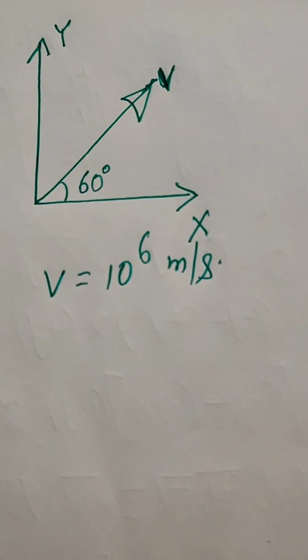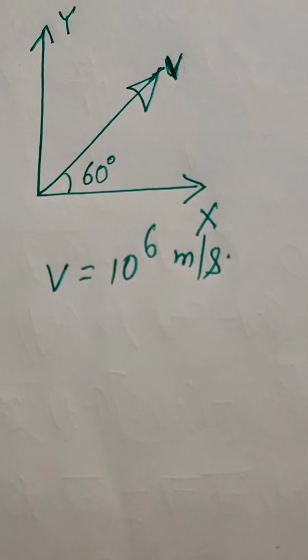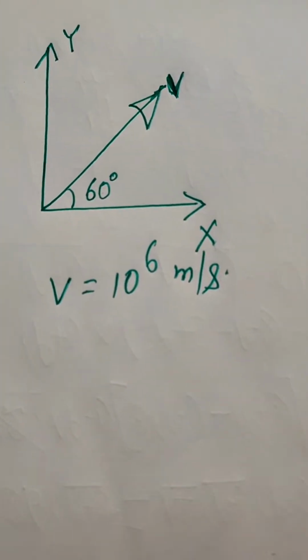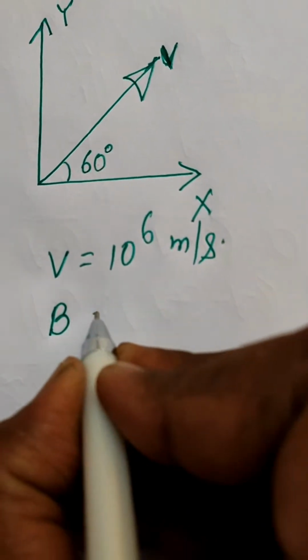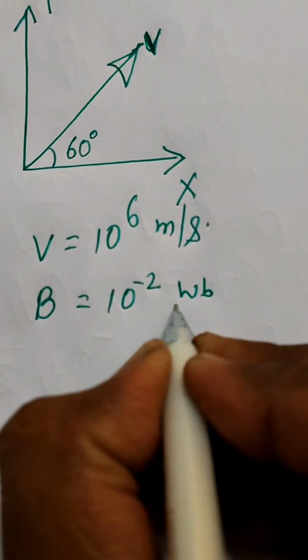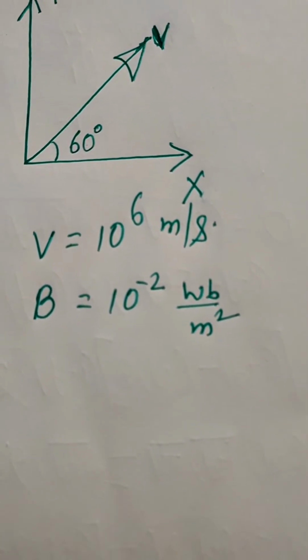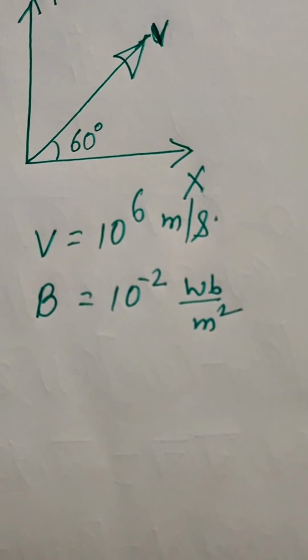Now, it's also shown that there is a magnetic field of magnitude 10 power minus 2 Weber per meter square, and that magnetic field is acting directed along the y-axis.